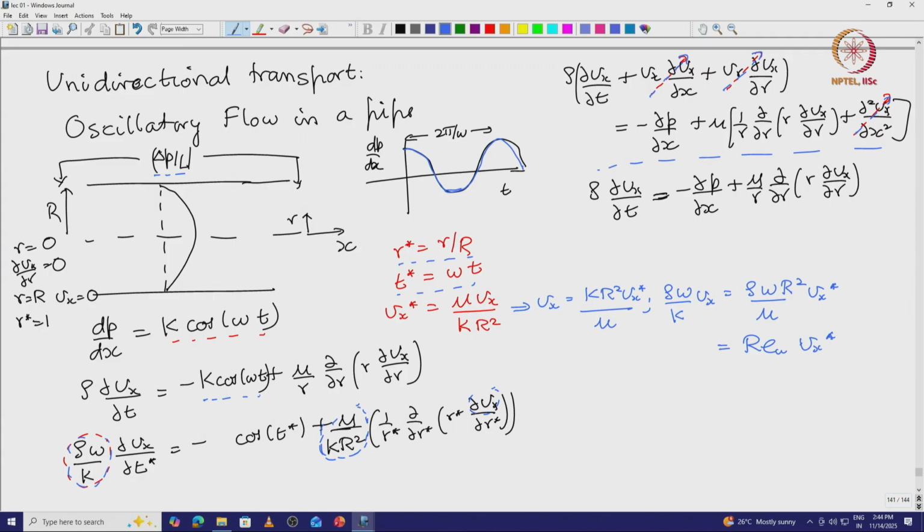So, we substituted that into the equation and divided throughout by k, and based on this we got two possible scalings for the velocity. One is a viscous scaling, based on viscosity, the other is the inertial scaling based on fluid inertia. We selected the viscous scaling in this particular case.